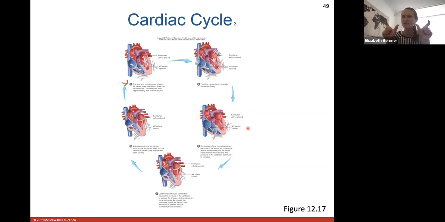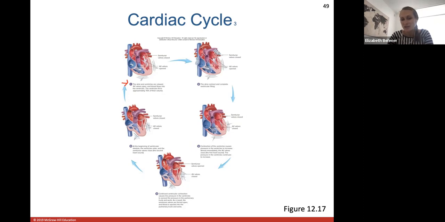And remember, your valves open to allow blood to be ejected. And during phase 3, the ventricles begin to contract. And when the valves are closed and the ventricles begin to contract, that helps to build up pressure, to get ready for this really strong ejection of blood that will occur during phase 4.